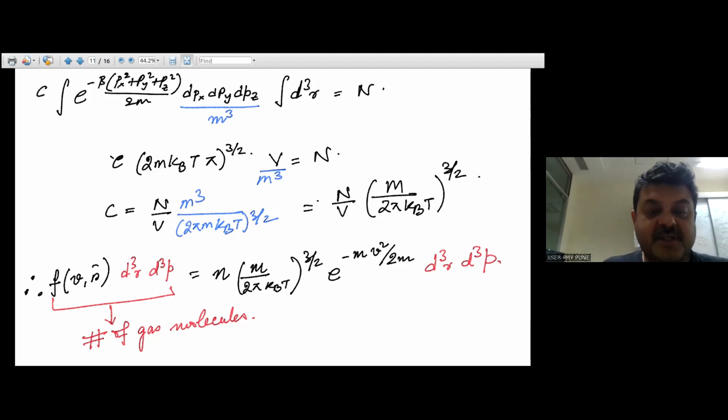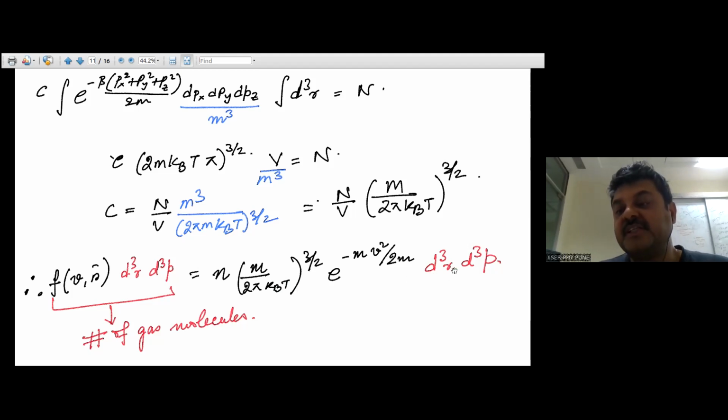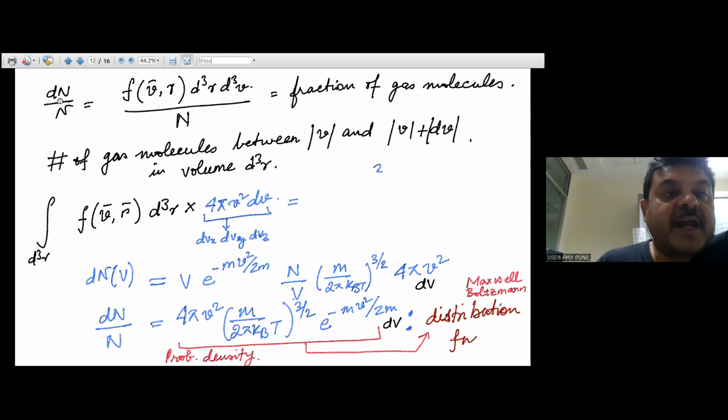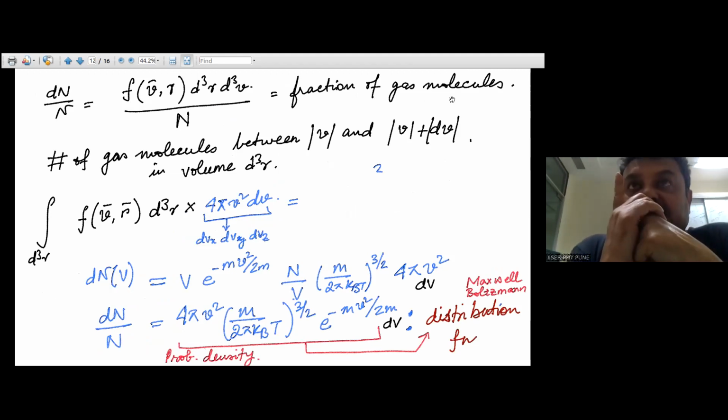So we have an estimate of the number of gas molecules moving between d3r and d3p, and it of course depends upon the density of gas molecules. Think about this, right? And if we are calculating dn by n, then this is the fraction of gas molecules which are at position r moving with velocity v vector.